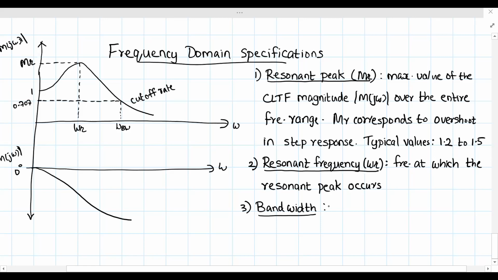So bandwidth is the frequency at which the magnitude of the closed loop transfer function, mod M(j omega), is reduced to 70.7% of its low frequency value.